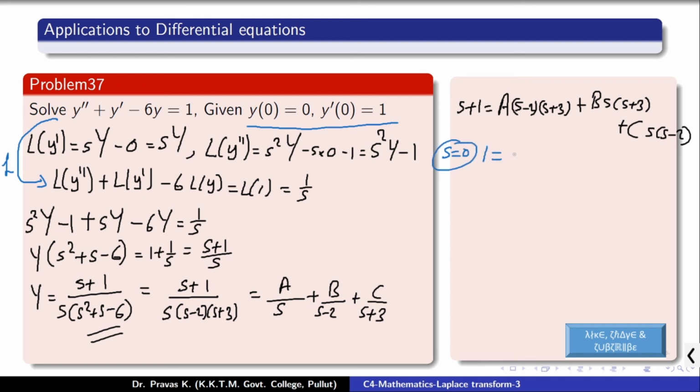Then putting s equal to 0, we can see that only one of the terms on the right hand side remains.